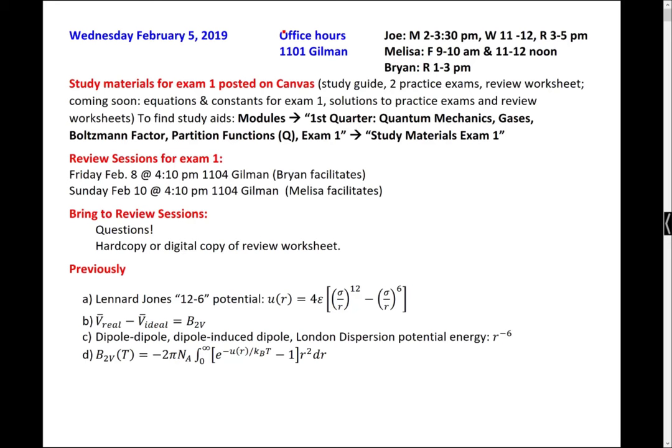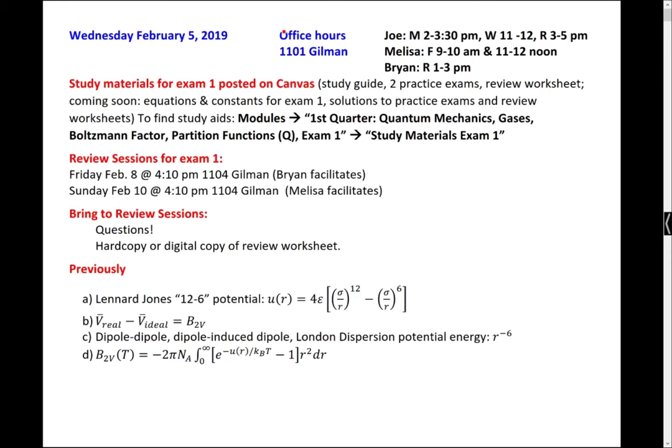Last time we met, we introduced the Lennard-Jones potential. That tells us the interactions between two different molecules, or if we're talking about monoatomic gases, the interactions between those. We have the term that's associated with attractive interactions and repulsive interactions. We also looked at the difference between our real molar volume and the ideal molar volume in the limit of low pressures.